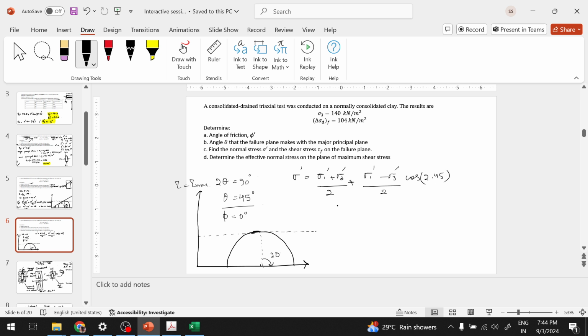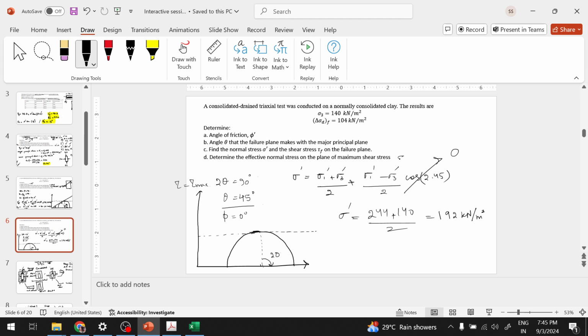What do you think? How much is cos 2 into 45? Cos 90 is 0. So sigma dash will simply be 244 plus 140 over 2, which is 192 kilonewton per meter square.